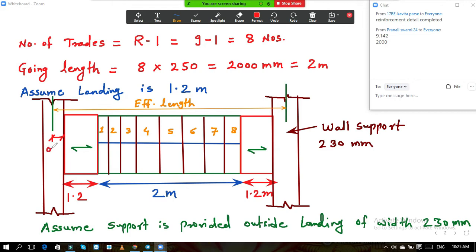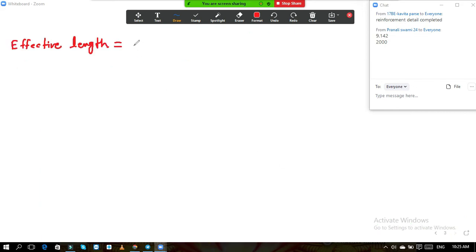On this side also, it is the half, so this is also 0.23 by 2. So it will be 0.23 by 2 plus 1.2 plus 2, then plus 1.2 plus 0.23 by 2.